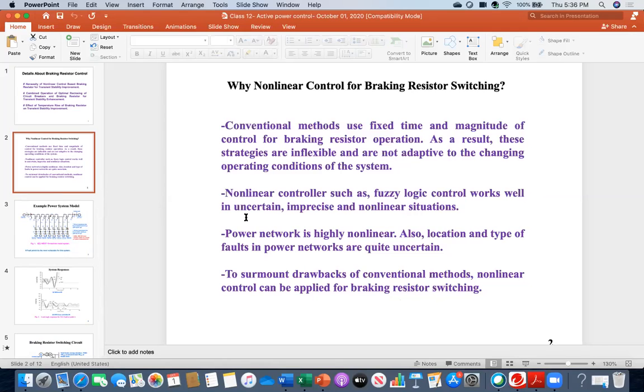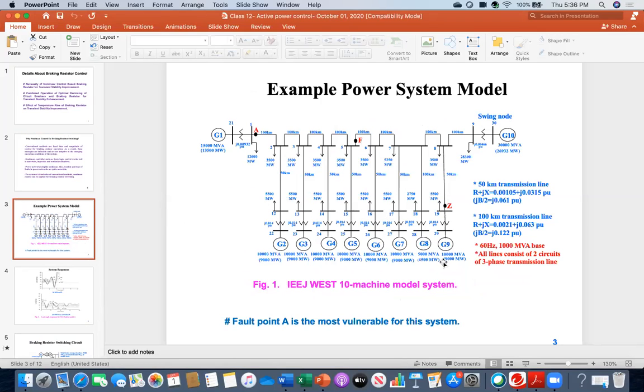Now, let's have a look at an example power grid. Before, I showed you this diagram. For this system, let's see how the braking resistor works. This is quite a complicated system. There are 10 generators, G1, G2, G3, G4 and so on up to G10.